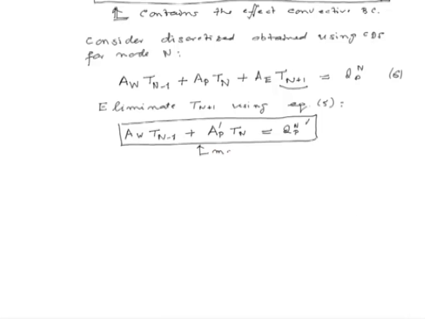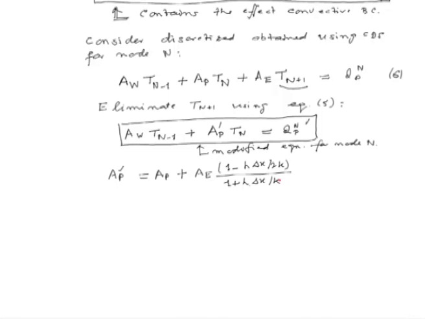So this becomes our modified equation for node n, where our AP prime would be our original AP plus AE times 1 minus h delta x divided by 2k, divided by 1 plus h delta x by 2k, sorry, this should be 2k everywhere.